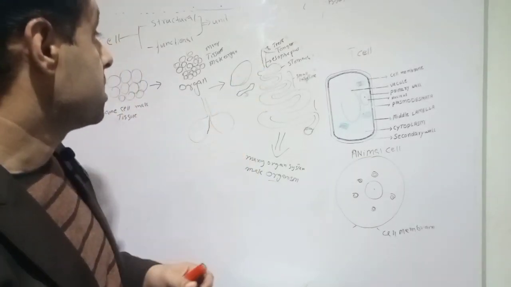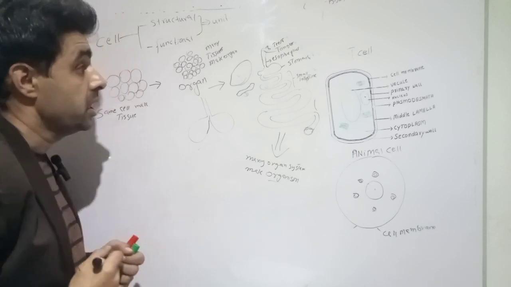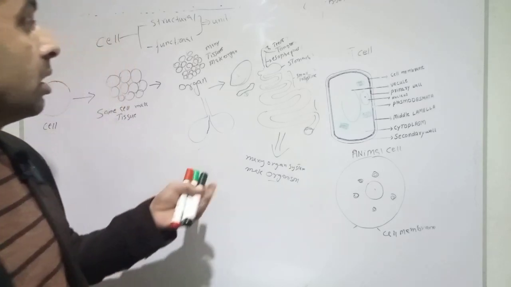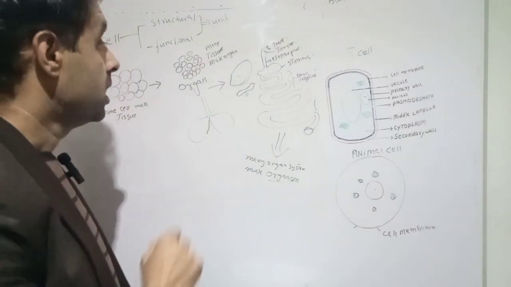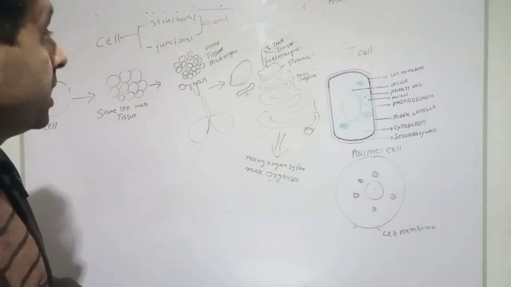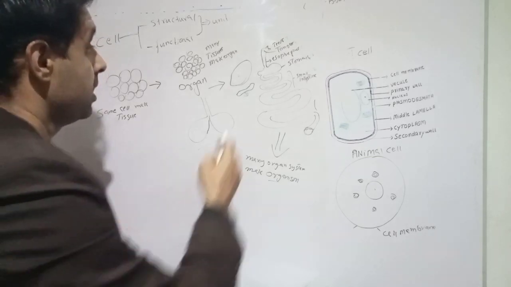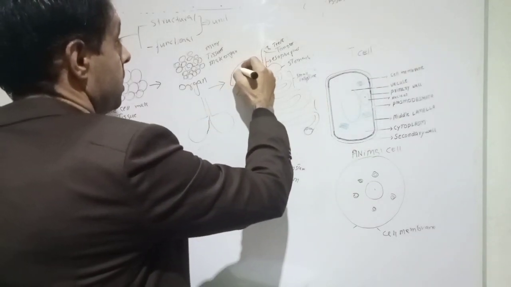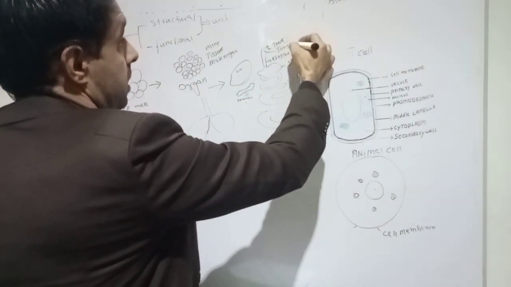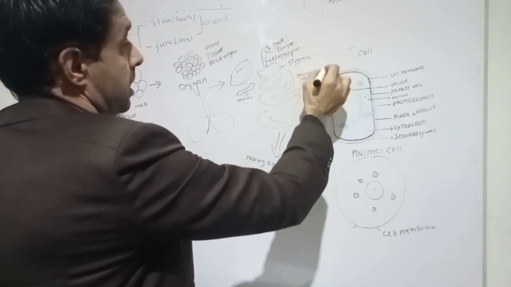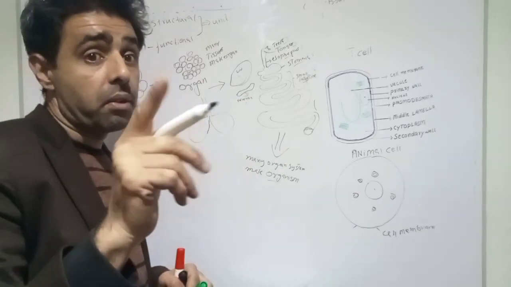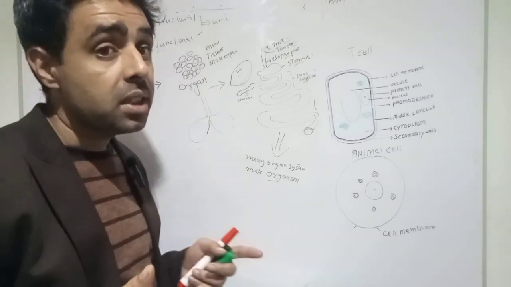Now it is the organ system. There are lots of organs in an organ system. I have given you the example of the digestive system. Many organs are involved in digestion: liver, pancreas, teeth, tongue, esophagus, stomach, small intestine, large intestine, etc. Many organs are performing the function of digestion.